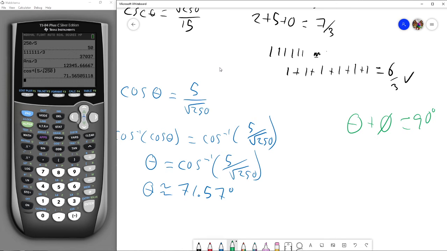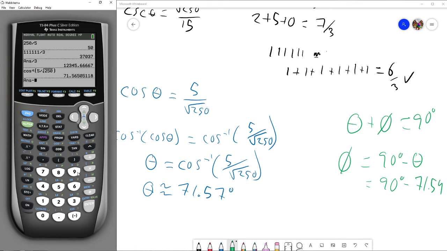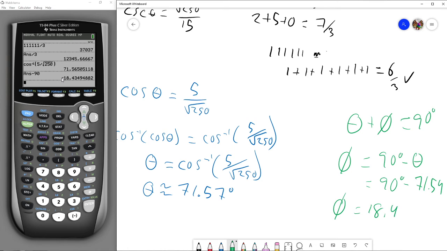So if we want to find phi, it's going to equal 90 degrees minus theta, or just 90 degrees minus 71.54. So if we ignore the negative, we know that phi has to be 18.43 degrees. I just took our answer previously and subtracted 90. So if we want the correct answer, we have to multiply by -1, but whatever.